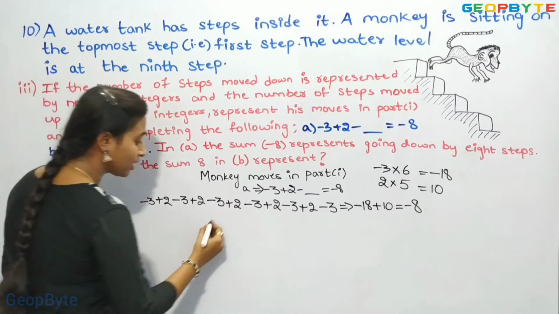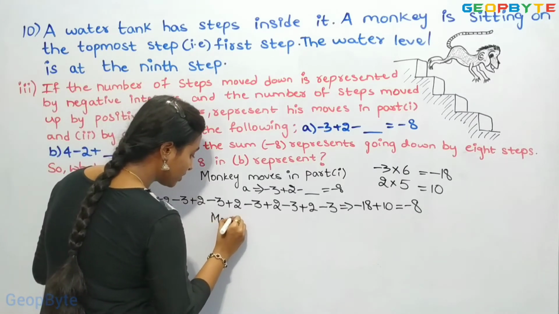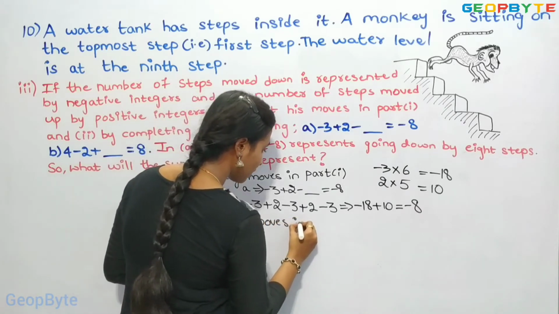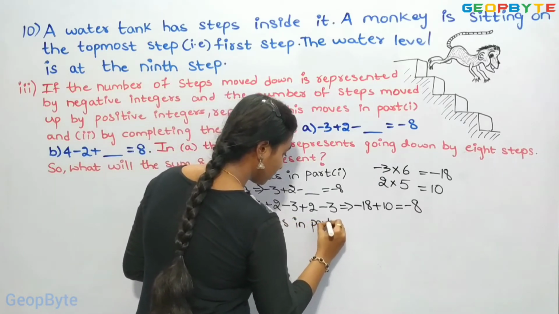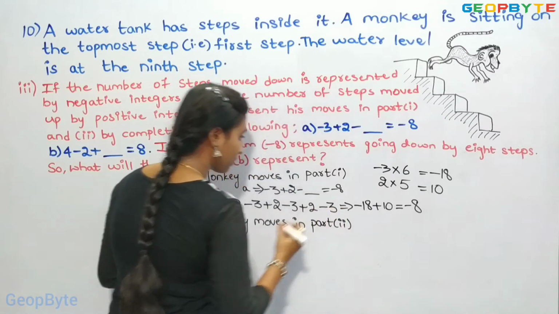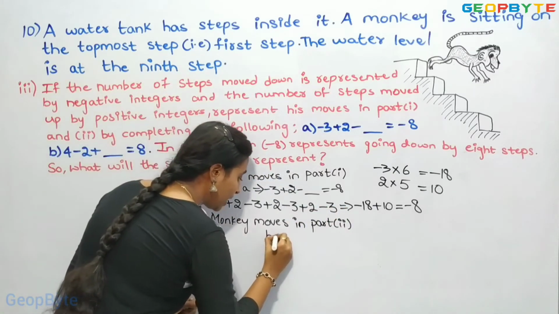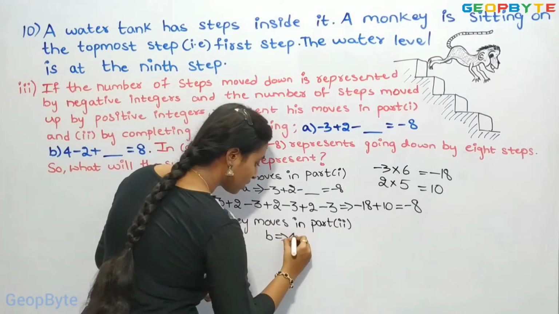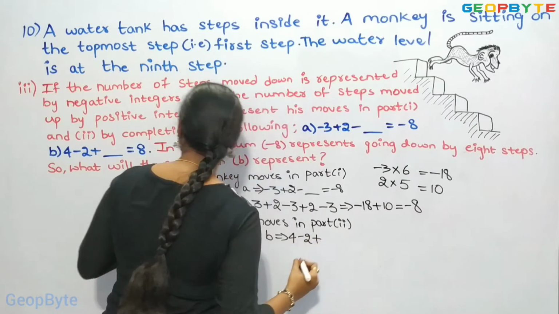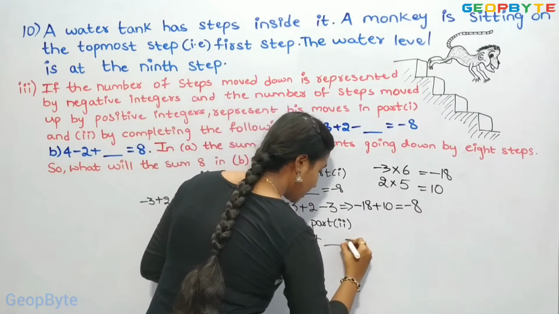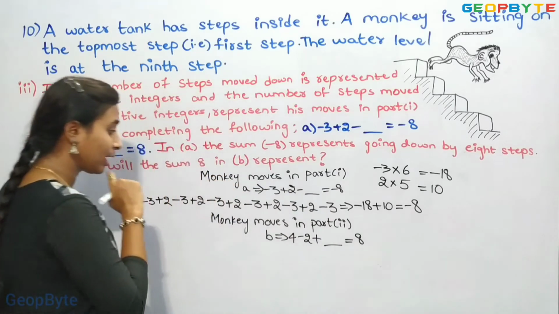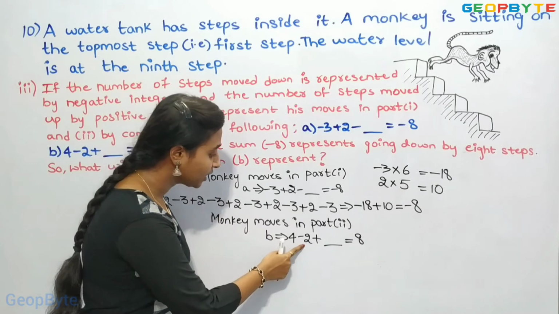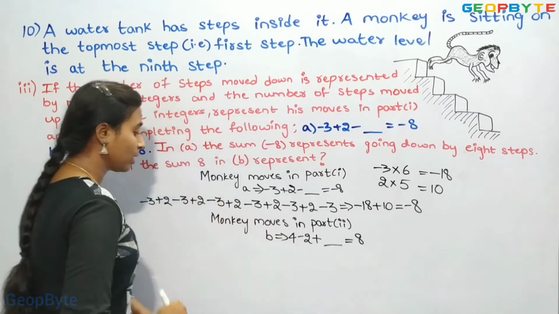See, in B bit, that is, monkey moves in part 2. We have B as 4 minus 2 plus dash is equal to 8. Now, we have this 4 is moving up and this 2 is moving down.